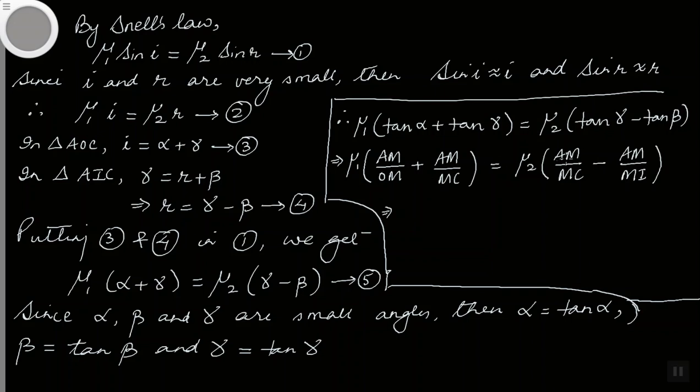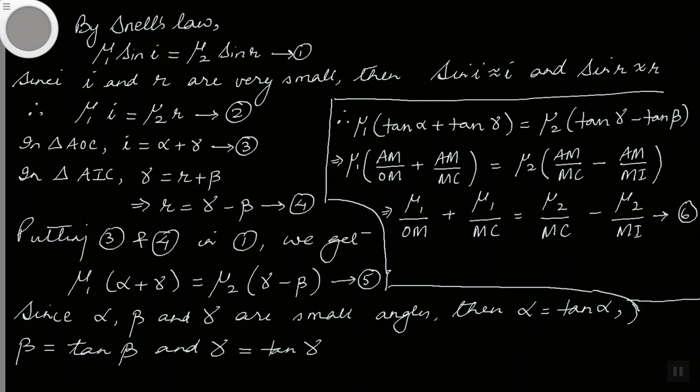AM will be cancelled. I multiply this mu1 inside, I get mu1 by OM plus mu1 by MC is equal to mu2 by MC minus mu2 by MI. Let's call this equation 5, 6.